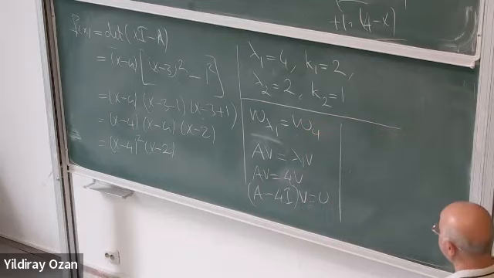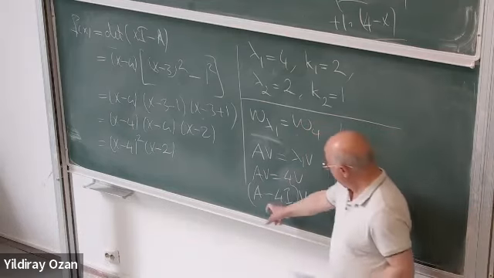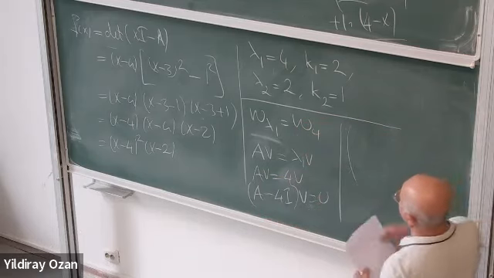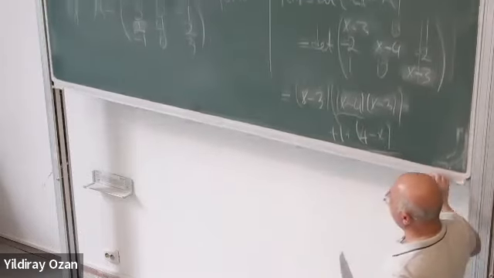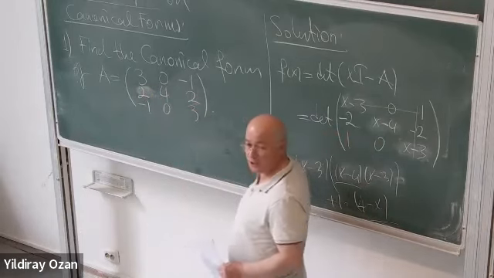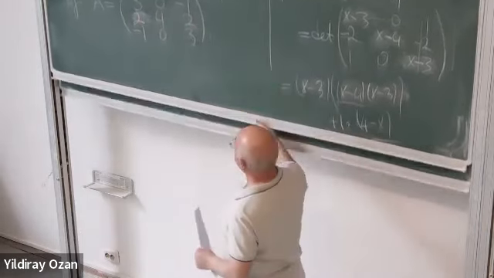So we subtract 4 times identity from A. So if you do that, subtracting 4 makes this minus 1, 0, minus 1. The rest will be the same.